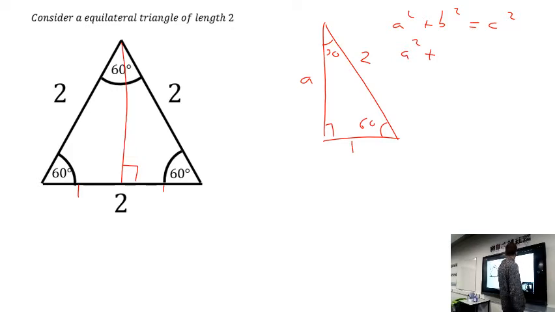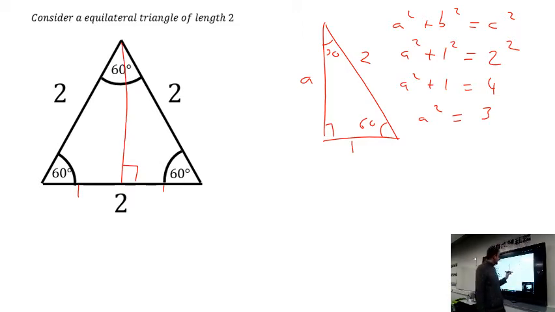B is 1, so 1 squared. And then we have C, which is 2 squared. Let's just do the calculations. We've got A squared plus 1 is equal to 4. When we rearrange this, we get A squared is equal to 3. Therefore, we can work out what A is. So A is equal to square root of 3.